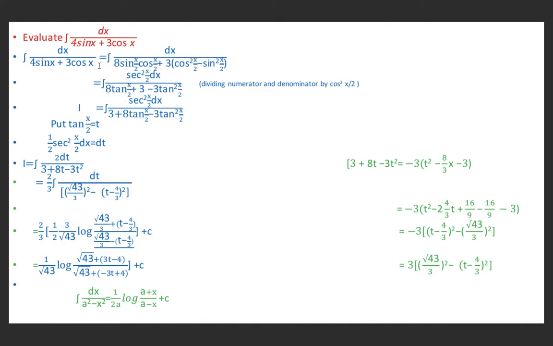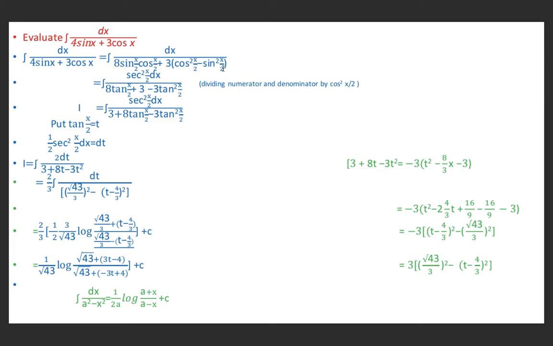So it will become dx upon 4 sin x plus 3 cos x will become 8 sin x by 2 cos x by 2 because sin x is 2 sin x by 2 cos x by 2. So 2 into 4 is 8. Here it is 3 cos x is cos square x by 2 minus sin square x by 2.